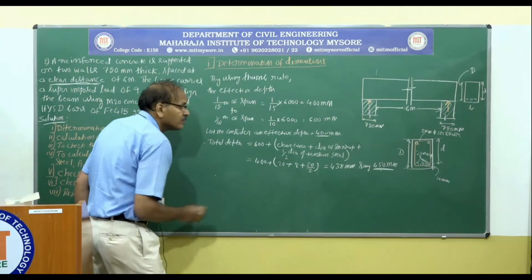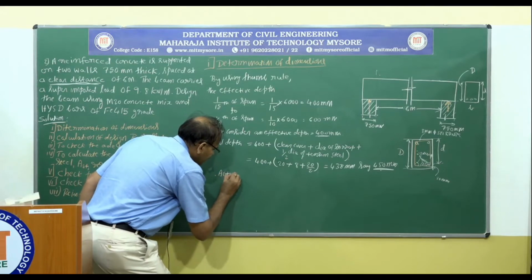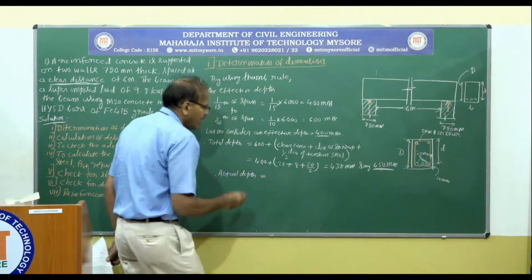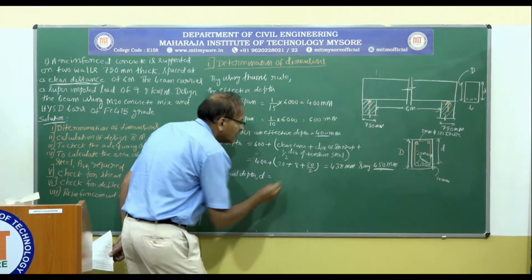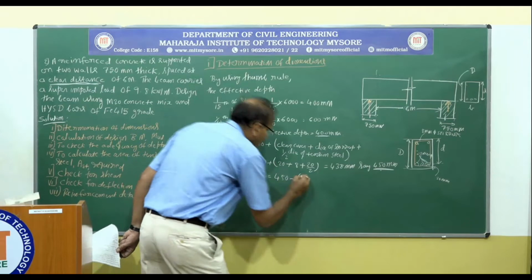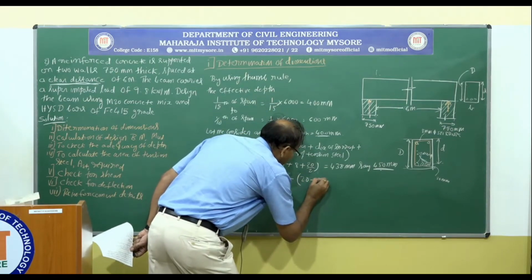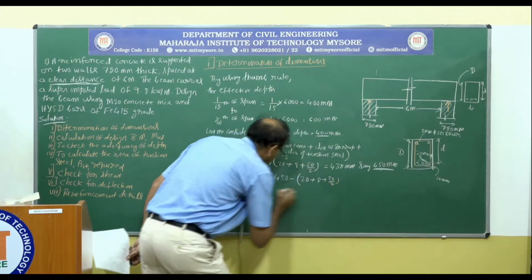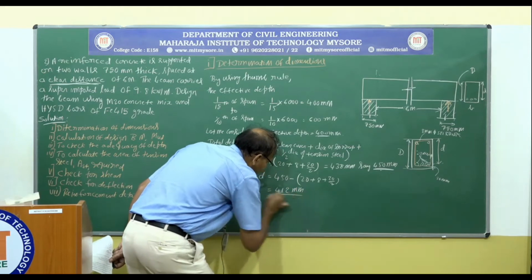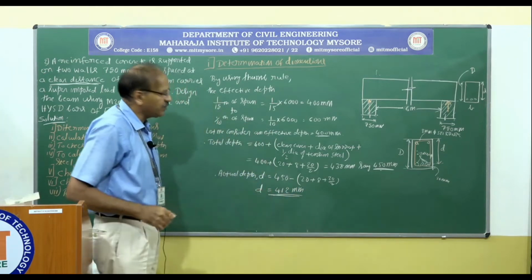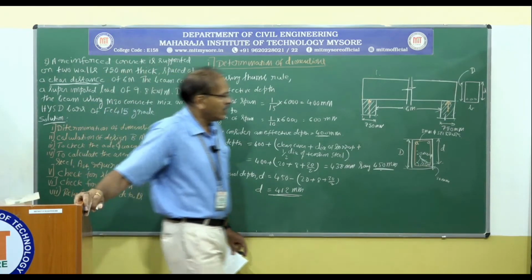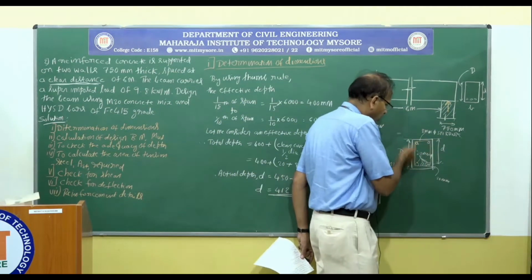Therefore, actual effective depth d equals overall depth we have provided, 450, minus the effective cover, 20 plus 8 plus 20 by 2, that is equal to 412 millimeter. That is the effective depth we are providing. So now the overall dimension is fixed.